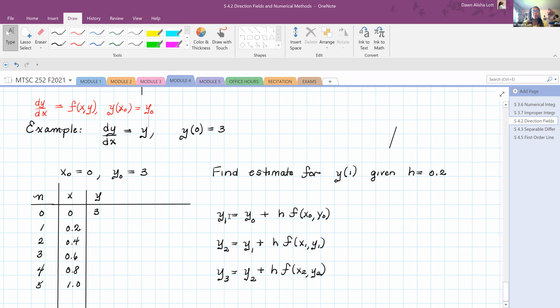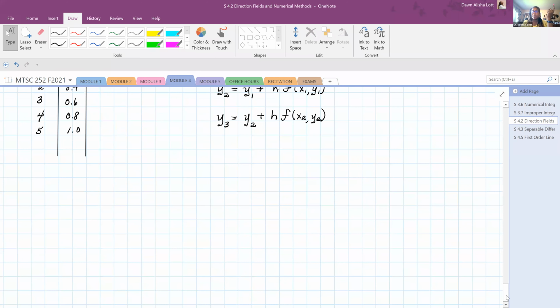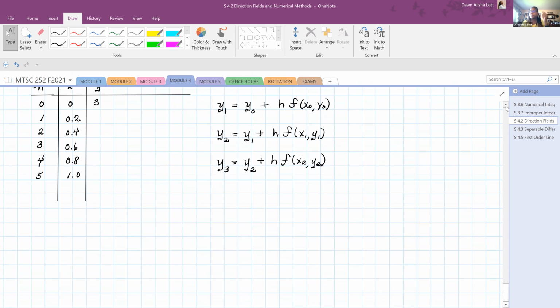Once I know y1, I can then go on and find y2, because my formula, as we said, is y(n+1). So the formula was y(n+1) takes the old yn, adds to it h times f of the previous xn, yn.